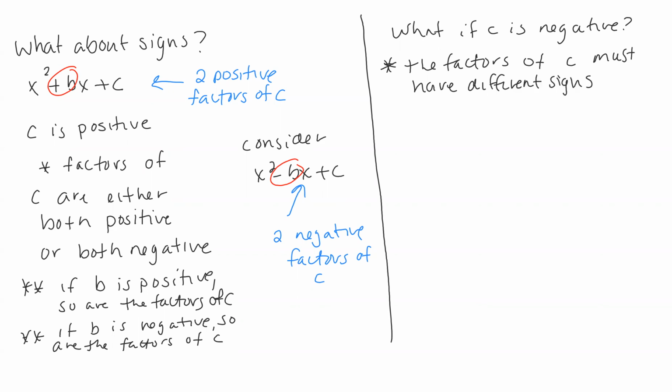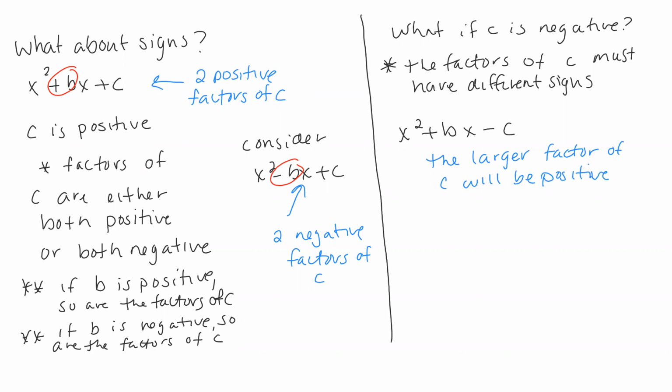Remember, factors are numbers that are being multiplied, so we're looking for factors of C. We're looking for two numbers that would multiply to give us C, and if C is negative, one of those factors has to be positive, one of those factors has to be negative. So if I had x squared plus bx minus C, the larger factor of C will be positive.